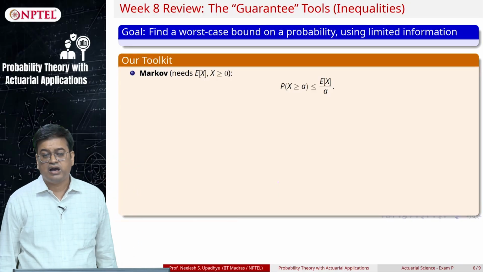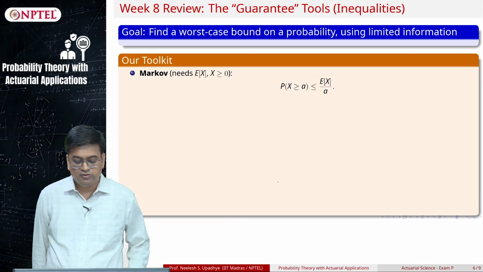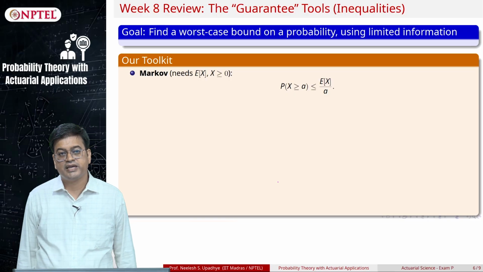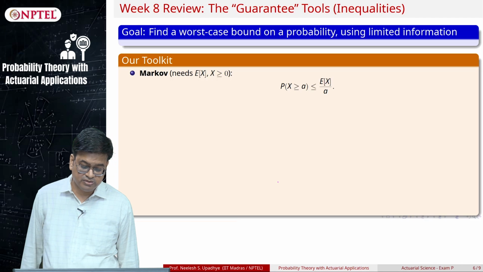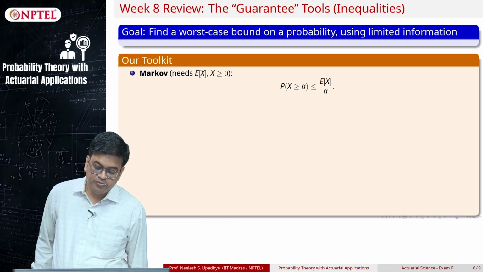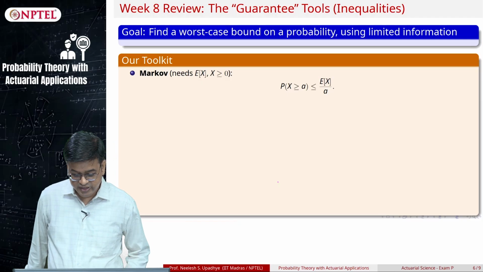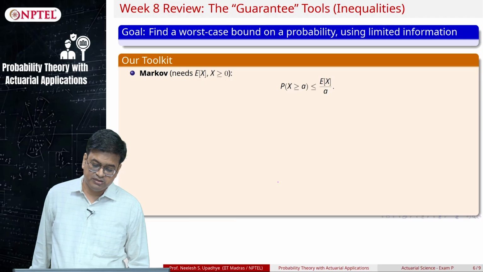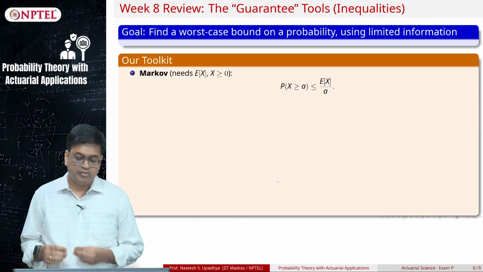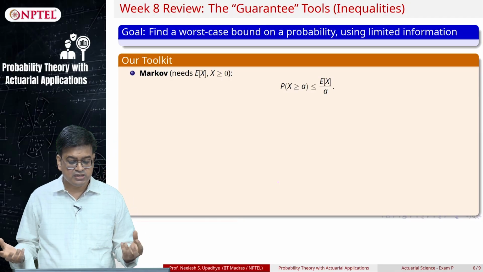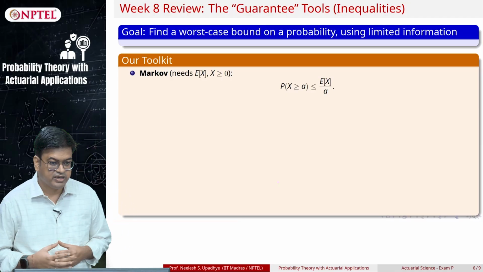First, if I have a non-negative random variable and I know the expected value of x, what can I do to tame the tail probabilities? The answer was yes, you can do something. If you want to compute the probability of x greater than or equal to a, for a non-negative random variable, then I can simply estimate it to be less than or equal to expected value of x by a, where obviously a will be greater than 0 because we are talking about a non-negative random variable.